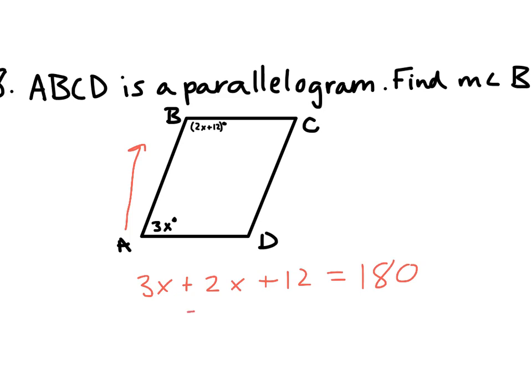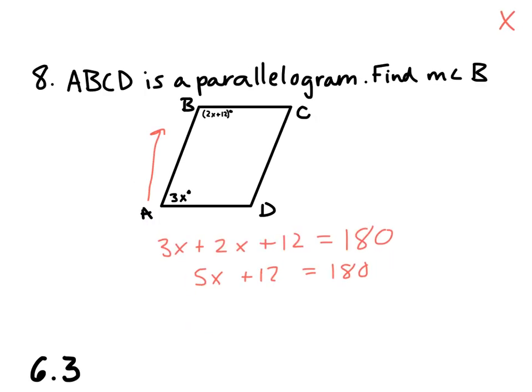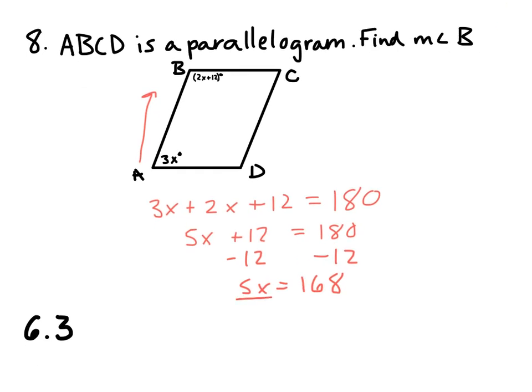So 3x plus 2x is 5x, plus 12 is equal to 180. Then we subtract 12. We get 5x is equal to 168. And divide by 5. What do you guys get for x?